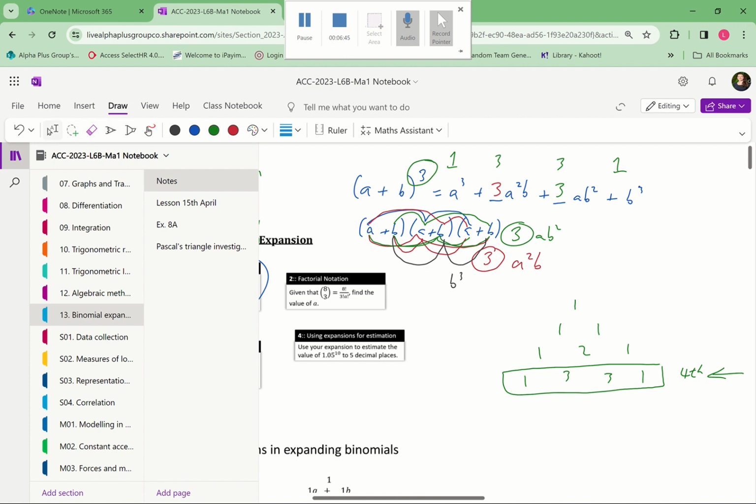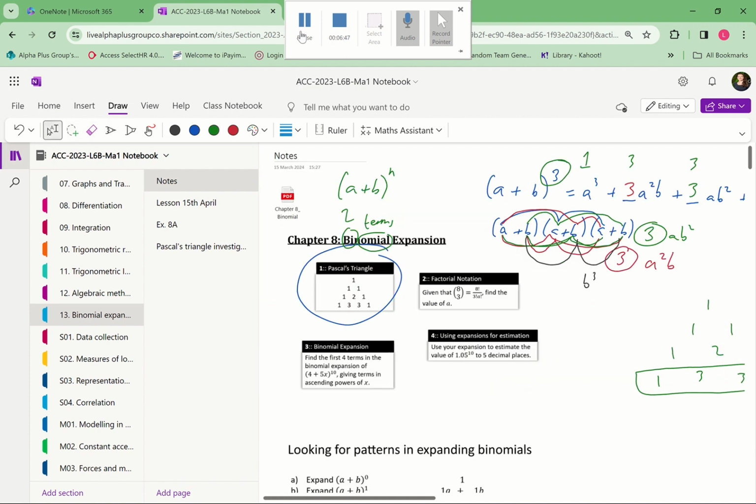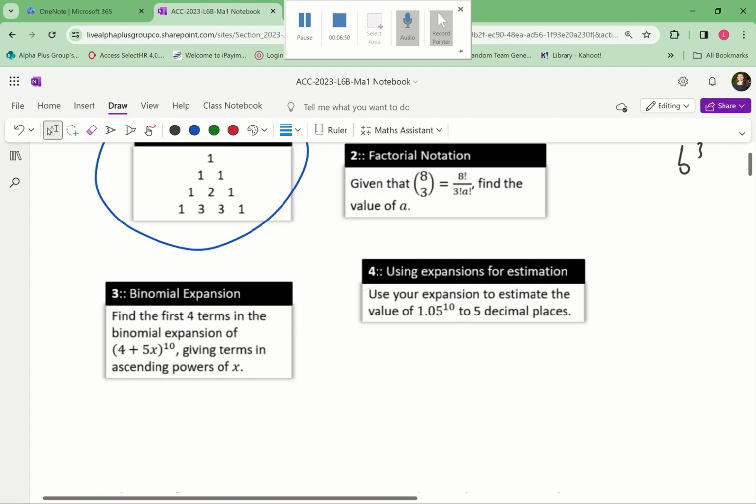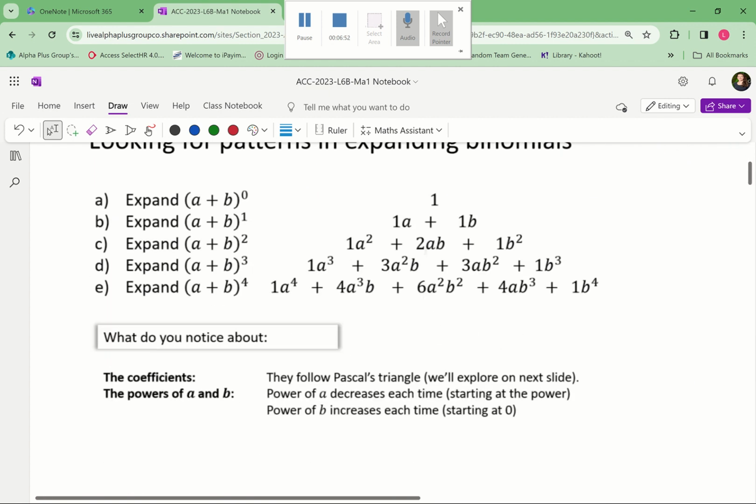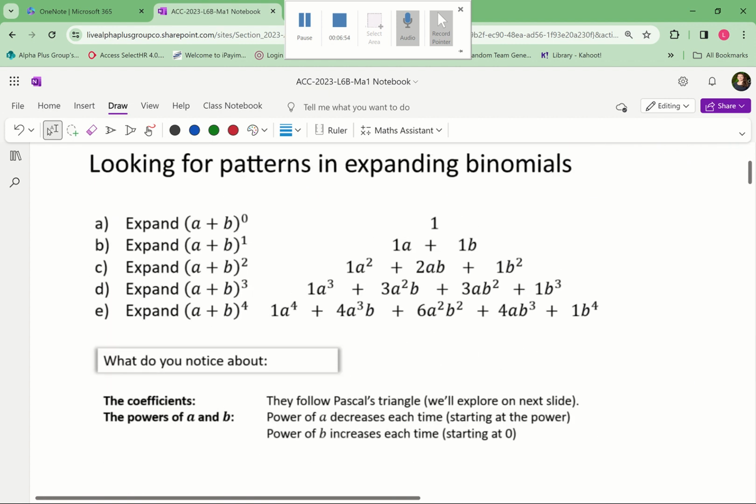Okay, so let's try and look at this a bit more slowly now with a few more examples. So, looking for patterns in expanding binomials. If we were having a lesson, I'd probably get you to expand some of these brackets yourselves by hand, the slow, old-fashioned way, like we've been doing.